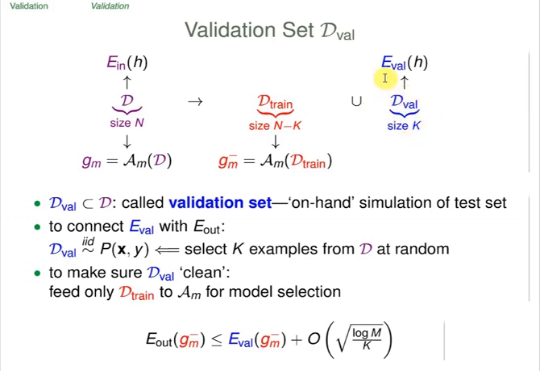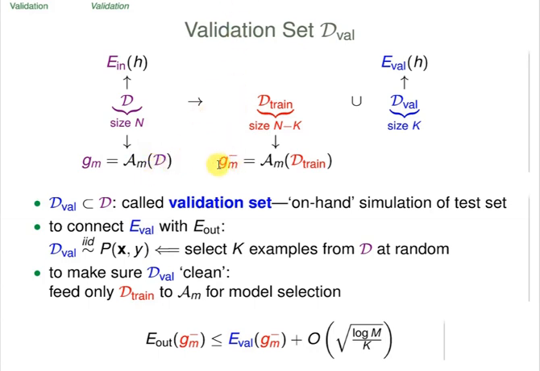And we calculate the validation error using D-val on a hypothesis that has been selected using D-train, the training dataset, which is of size N minus K. So our algorithm selects g_m minus using D-train, while initially the in-sample error was computed using the entire dataset, and our algorithm selected g_m, again, using the entire dataset.